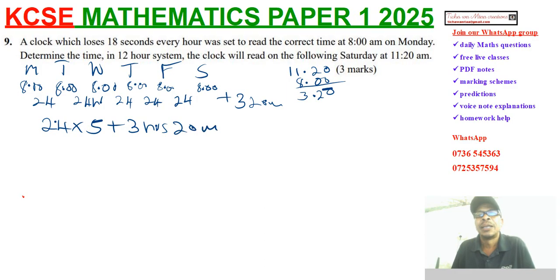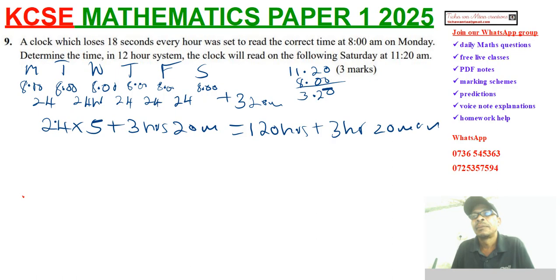So this is going to give us 120 hours, and we add 3 hours and 20 minutes. 20 minutes is the same as 20 divided by 60, which is a third of an hour. So when you add, you get 123 and a third hours.